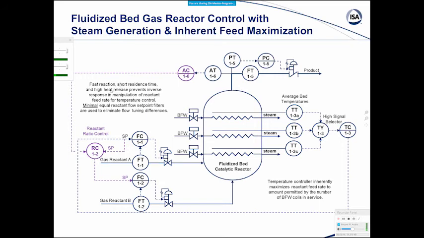For a very fast reaction, short residence time, and high heat release, it prevents that inverse response in the manipulation of reactor feed rate for temperature control.